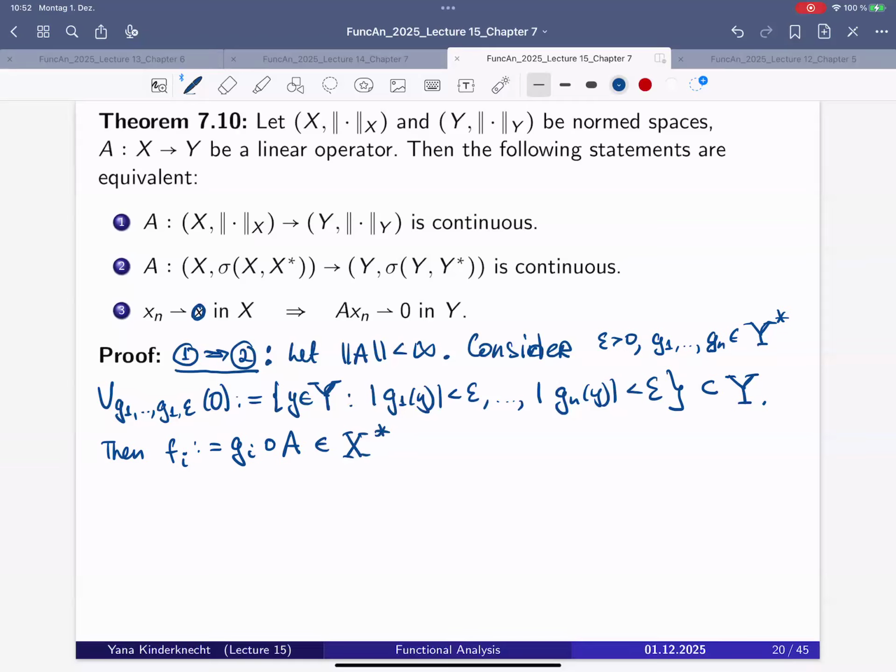So as a picture, probably here. We have X, we have Y, we have a mapping A. Then g_i is a mapping to Y star. And then here we have f_i, it's a mapping to X star.